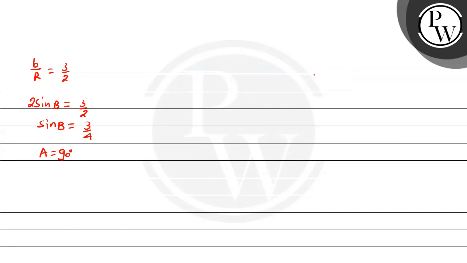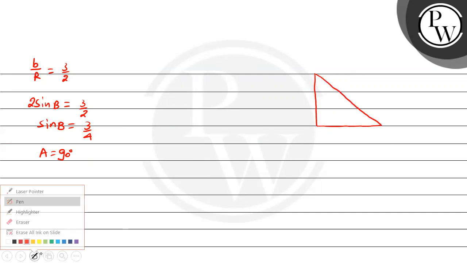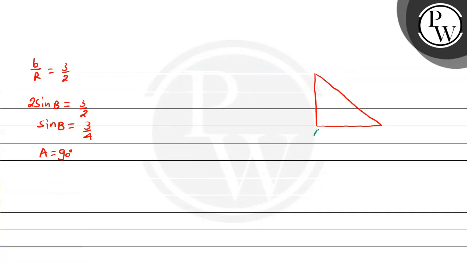So the triangle is basically a right angle triangle, so we can draw the right angle triangle over here. This is A, this is B, and this is C, and this angle is 90 degrees.